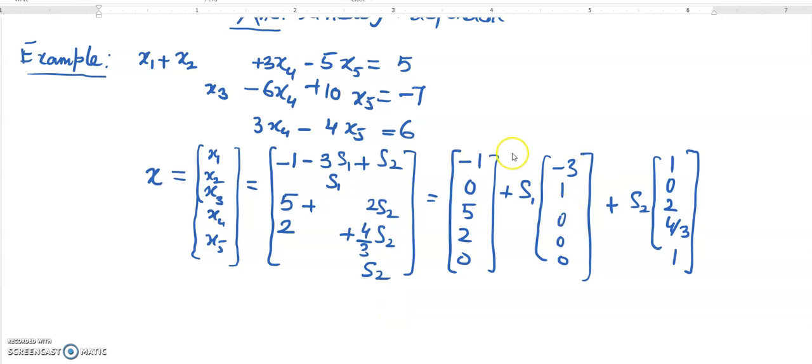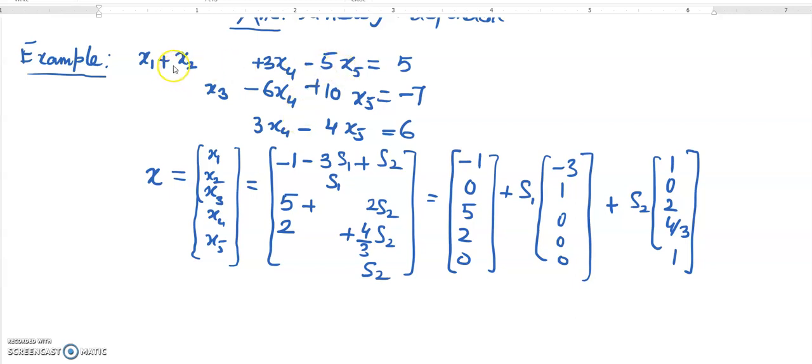Okay, so now this system is called the general solution of this equation. Just like we have done in differential equations, there was some general solution, and then there was some solution for the homogeneous part.